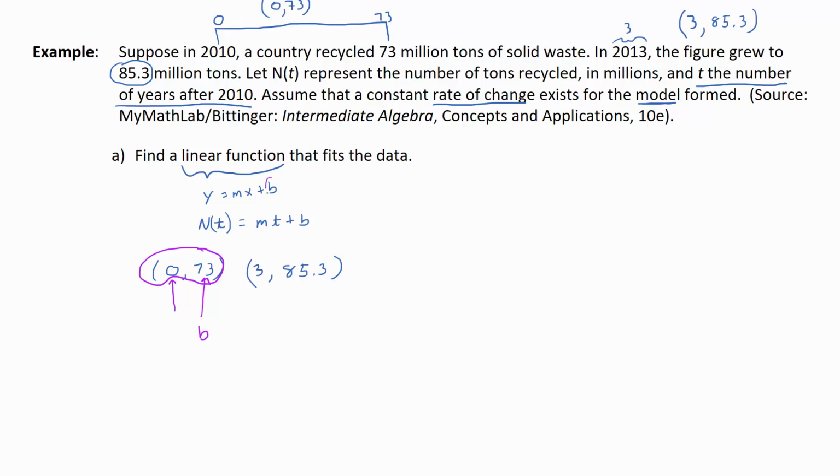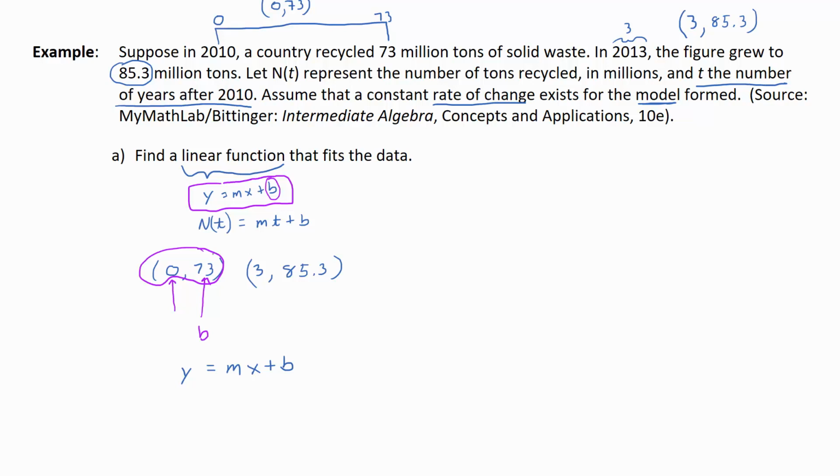Oh, so we know what b is, which means we're going to use this equation as I kind of gave away earlier. So don't even worry about n of t. Let's just use y equals mx plus b for now. What does this form of the line tell you you need? Well, you need m and you need b. You've already got b. b is 73. So we need m.